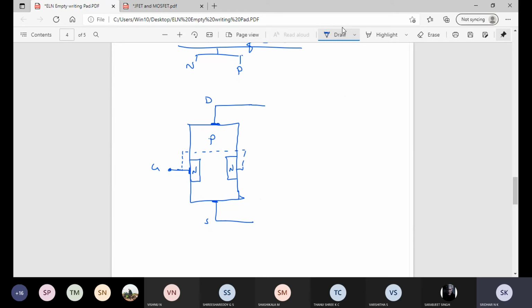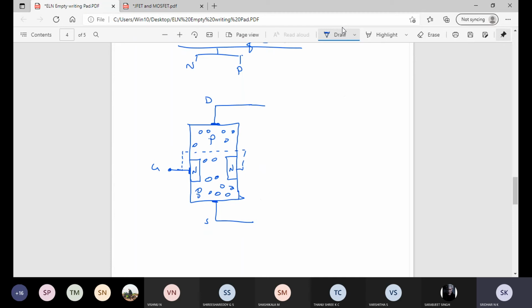What are the majority charge carriers in p-type semiconductor? Holes. So majority charge carriers are holes in case of p-type semiconductor.